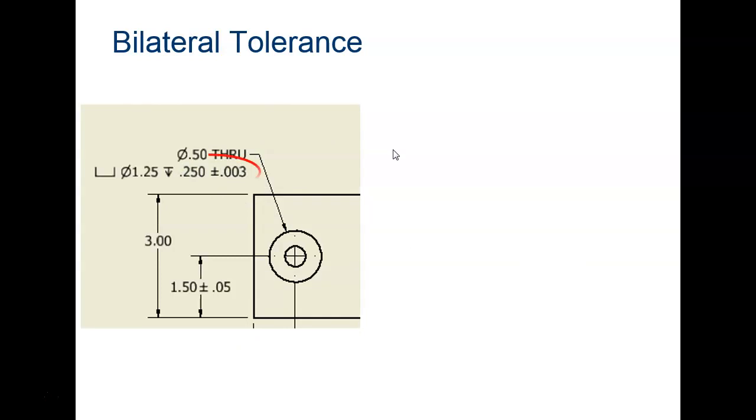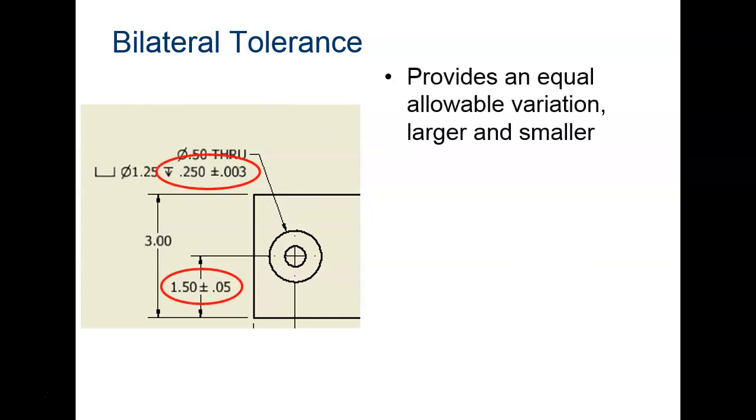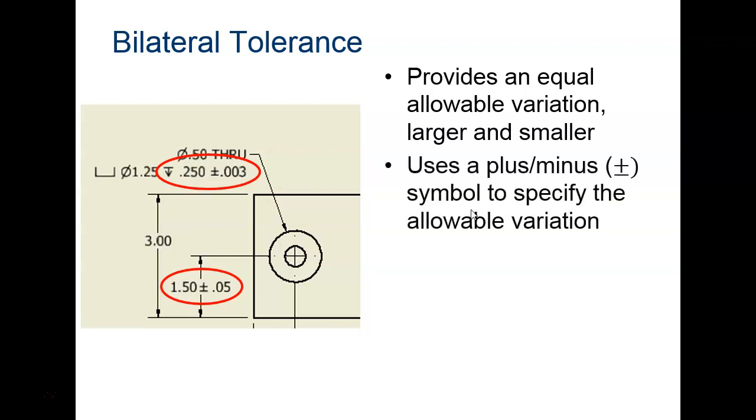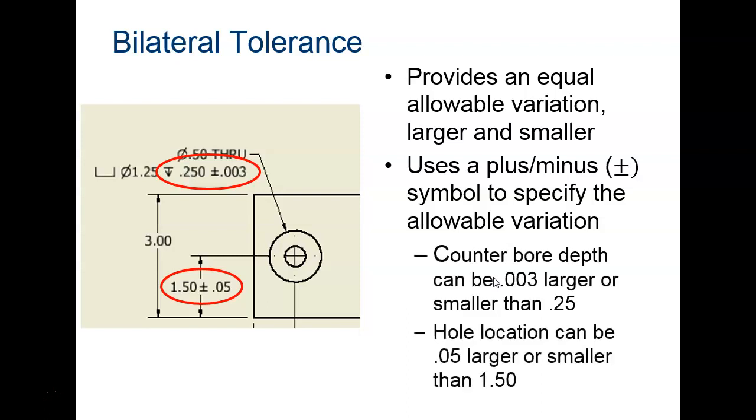The bilateral tolerance starts with a number, and then it tells you it could be plus that amount or minus that amount. So for example, it could be 0.250 plus 0.003 or 0.250 minus 0.003. The plus minus just simply lets you know how far it can be. So in other words, the range in that one is 0.006 because you can be above by 0.003 and below by 0.003.